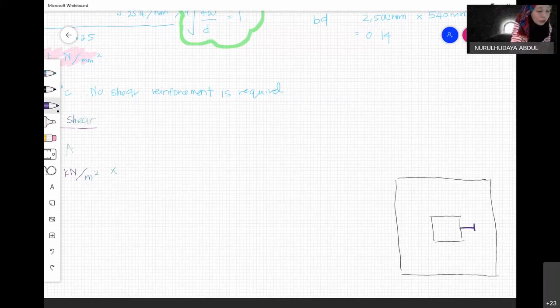Okay. So for punching shear, ini kita 1.5D. Okay, so 1.5D ni should be 1.5D kat sini, 1.5D kat sini, 1.5D dekat sini and 1.5D kat sini jugalah. So 1.5D, semua 1.5D.